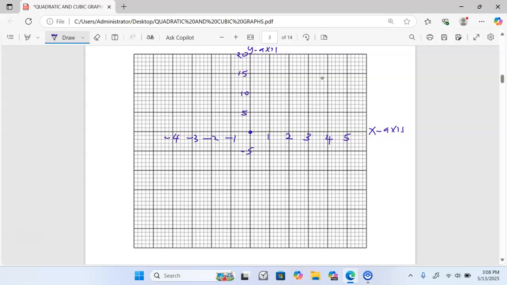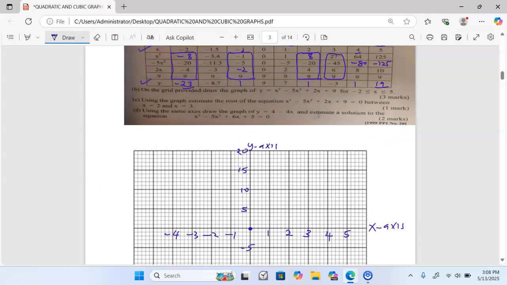Then we have -5, -10, -15, -20, and -25. We can go up to around -30, but the lowest value we have is -23.